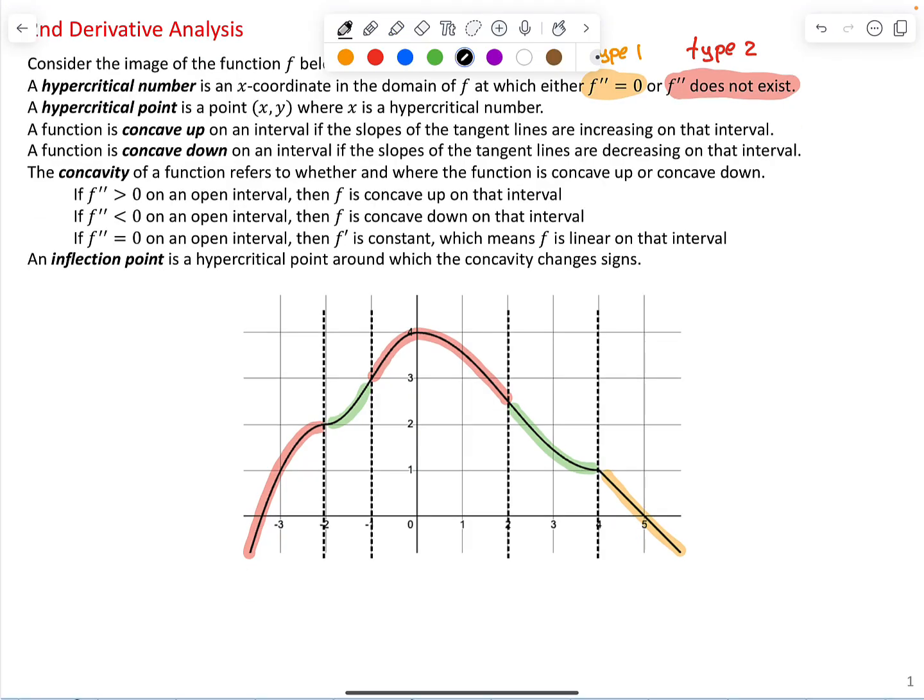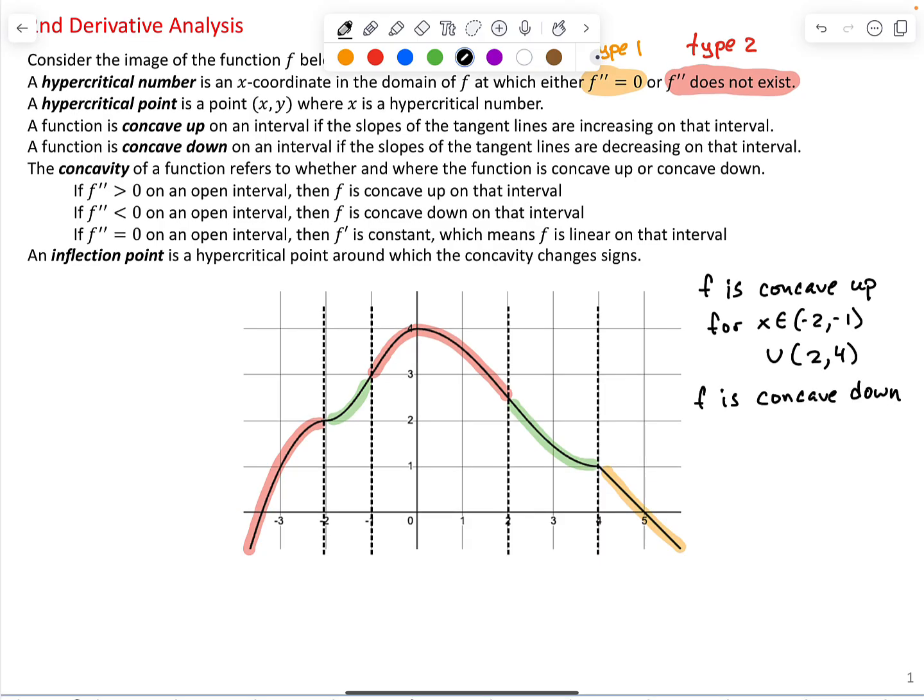portion. So we can summarize, f is concave up on the green portions, from x equals -2 to -1, union, and then between 2 and 4. f is concave down on the red portions, where the slopes of the tangent lines were decreasing, and we'll assume that the behavior of the function continues in both directions off of our viewing window.